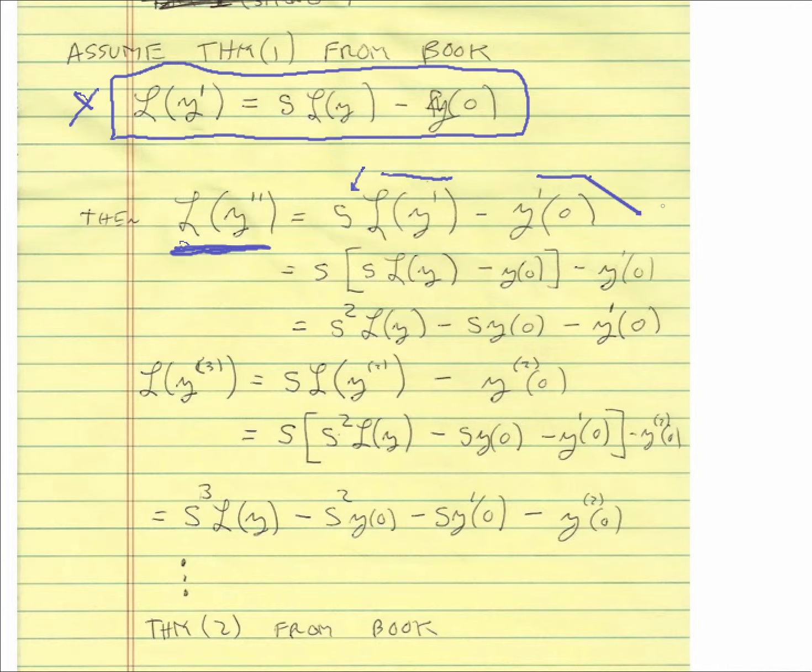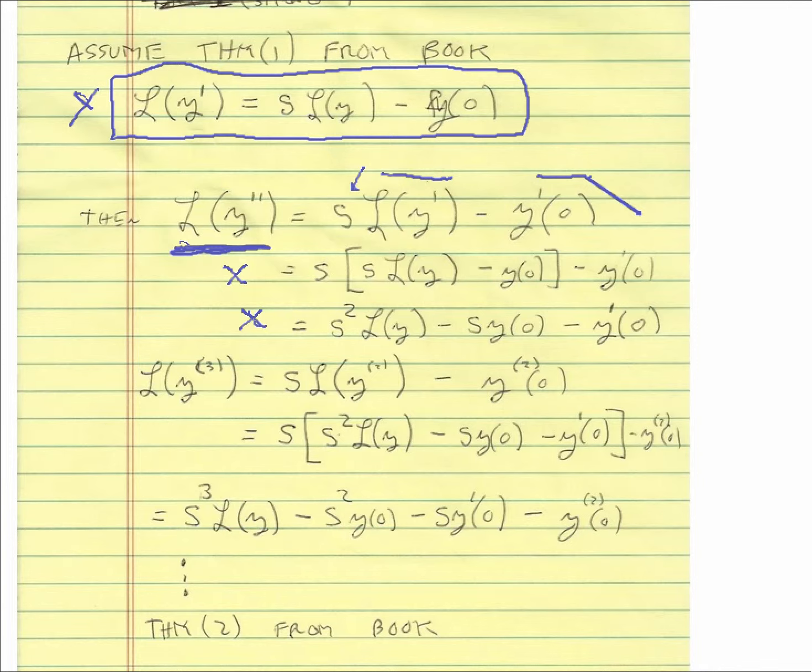Now continuing with this equation right here, we would get the second line. And solving using good old-fashioned algebra, we get this. So now we get an expression for the Laplace transform of the second derivative in this way.